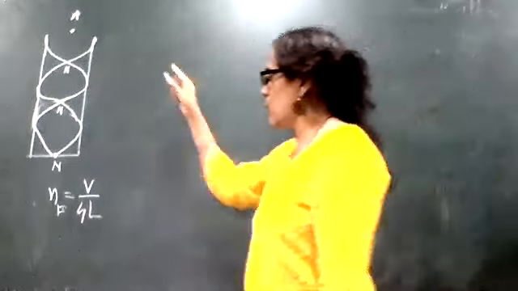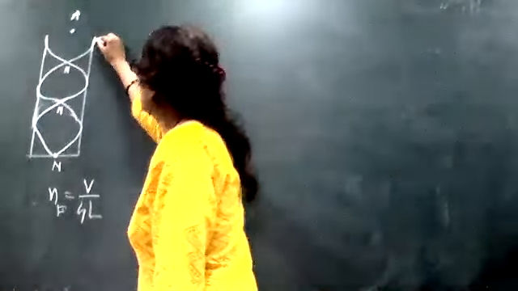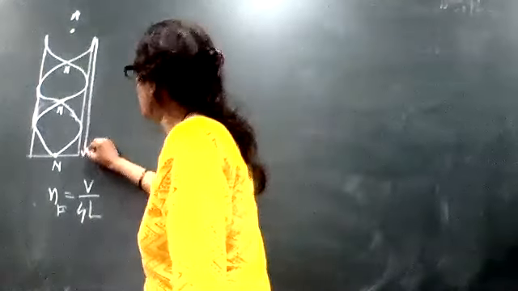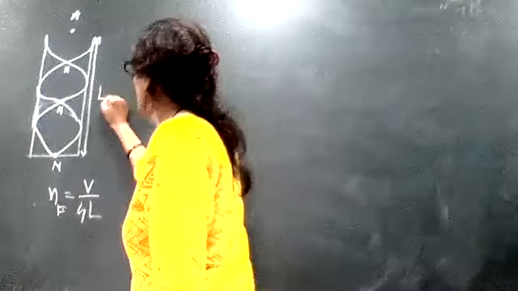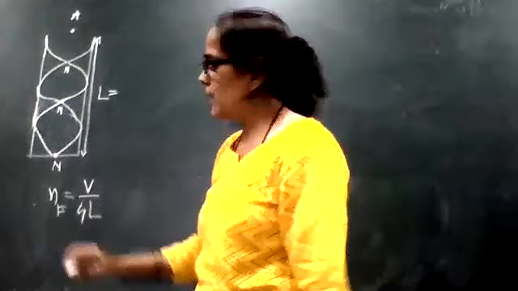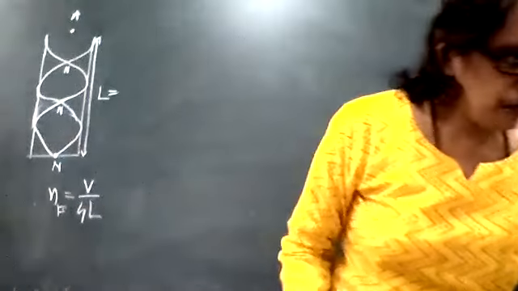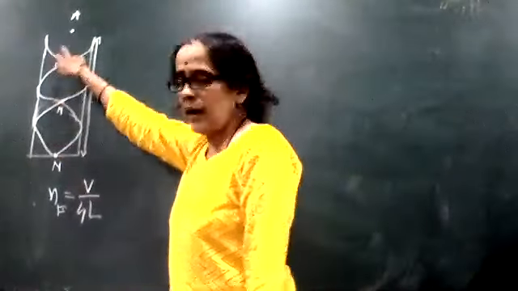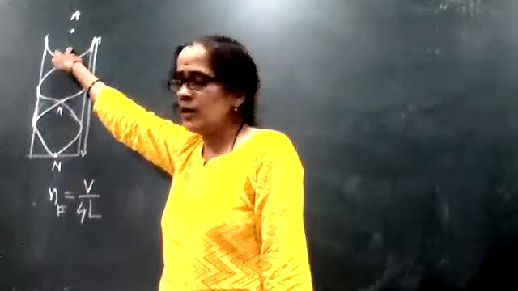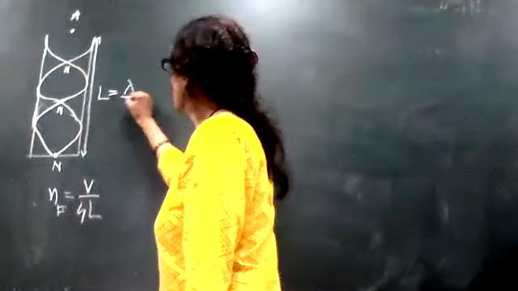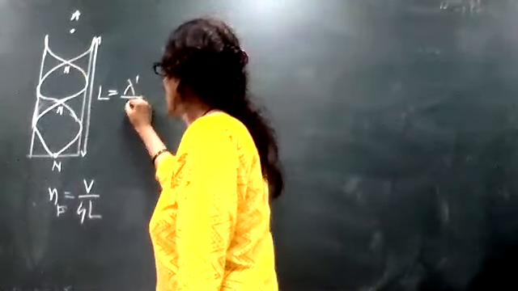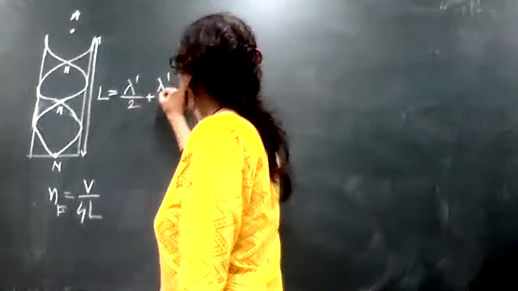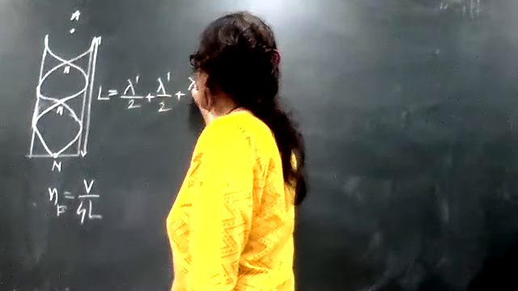Clear? So now in this particular case, the total length L is equal to, see here, how many loops? One loop, two loop, and a half loop, means two and a half loops. Two and a half loops means lambda dash by 2 plus lambda dash by 2 plus lambda dash by 4.